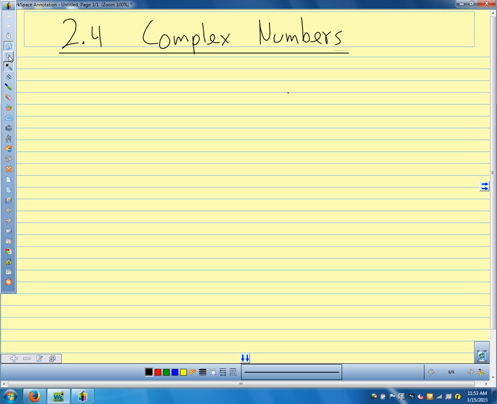All right, so complex numbers come up when we're talking about solving polynomials, because even a simple equation like x squared plus 1 equals 0, we can't find a solution with real numbers because we'd end up taking the square root of -1. So if we were trying to solve this, we'd get no real solution.